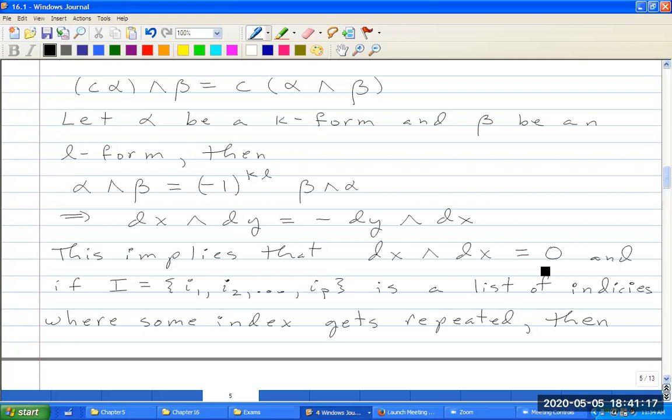And you can do that same sort of permuting. You may have some signs, but you can always keep permuting so that if you happen to have, in a list of d's, two d's that are the same, like two dx's, then that differential form is going to be 0.